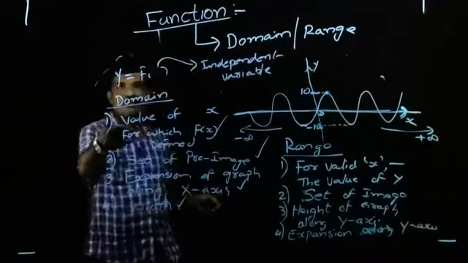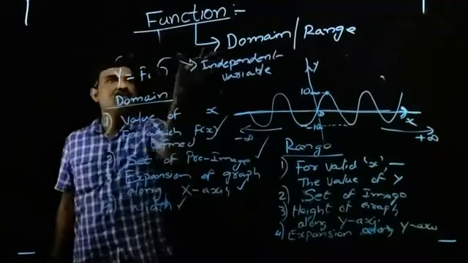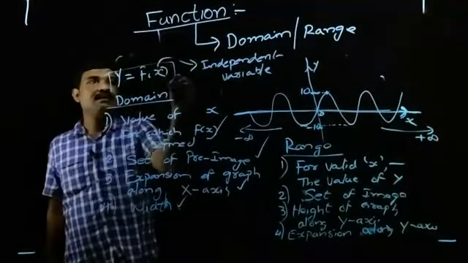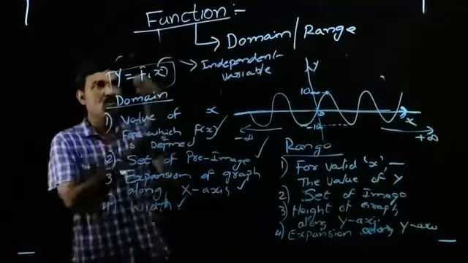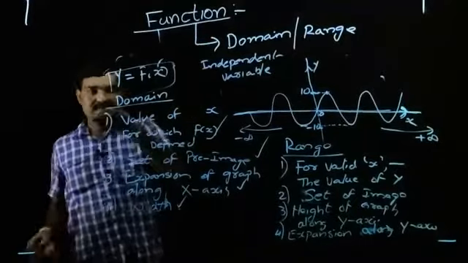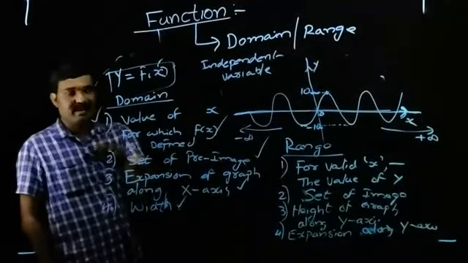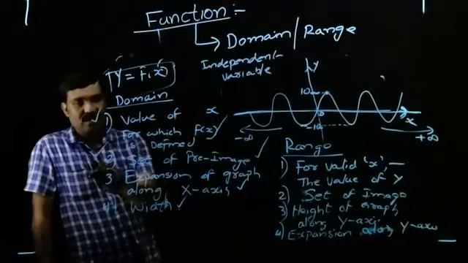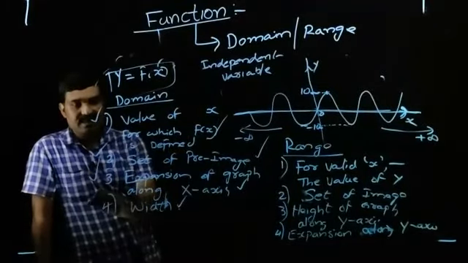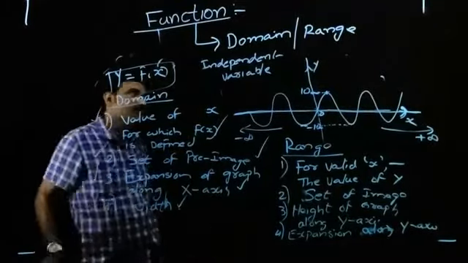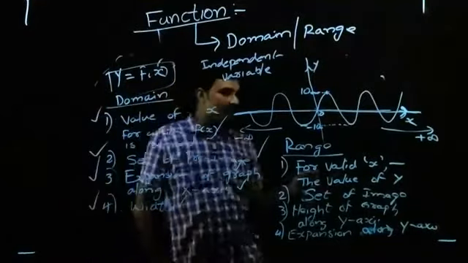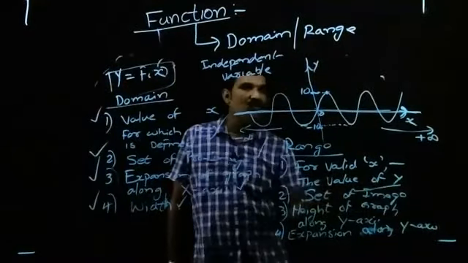Suppose we have function y is equal to f of x. Then domain means the value of x. It is also called set of pre-images, expansion of graph along x-axis, and also width of the graph along x-axis. Range means the value of y for valid x.